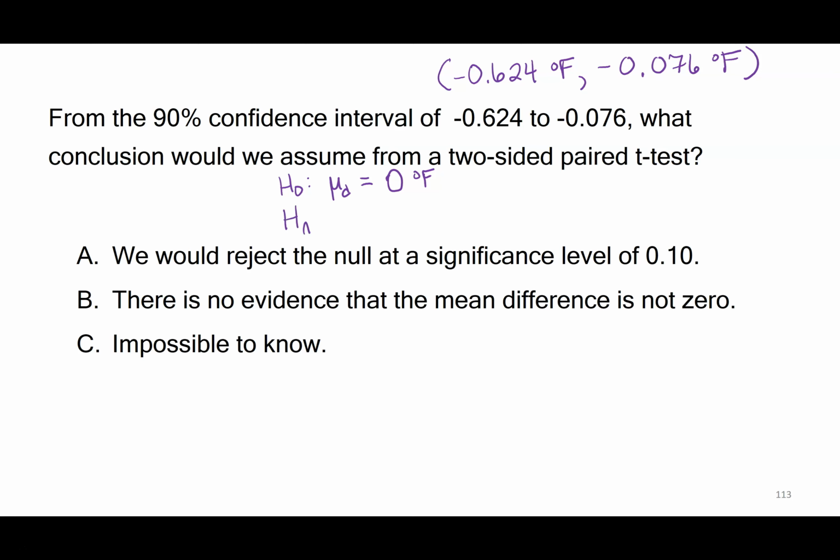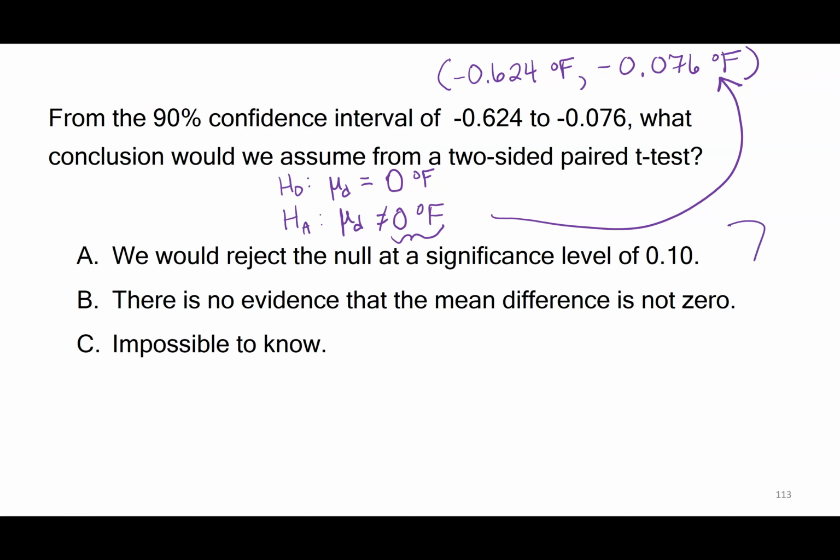The alternative here, if it's two-sided, is that it's not equal to 0. Either way, my null or claimed difference is 0. So I want to see, is 0 in here? Because the null hypothesis is claiming that the average difference is 0, if 0 is in there, our answer is going to be, well, maybe. But if 0 is not in there, we don't think 0 is that average difference. We think that average difference is something other than 0.